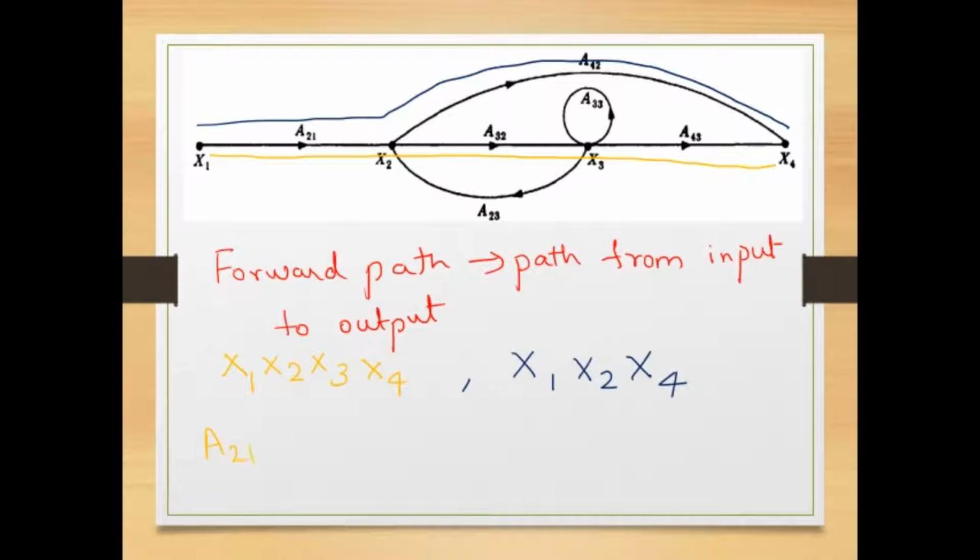Similarly, from x2 to x3 it is A32, and we cannot consider this A33 because it travels and comes back to the same node, so we will not consider it. Next is A43. For the second path, our gain is A21 into A42. So this is our forward path gain.